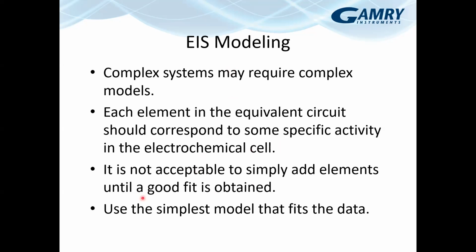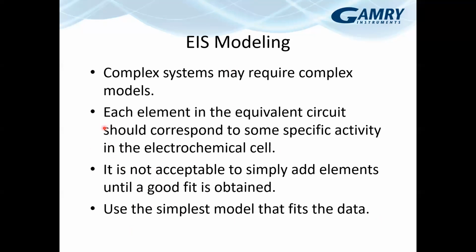But if those added elements don't correspond to something that you understand and know why it's happening, that's not a good way to do the modeling. So you want to use the simplest model that fits the data.